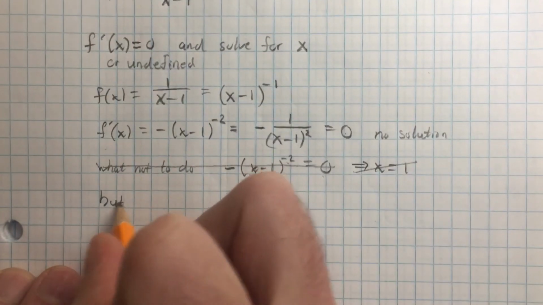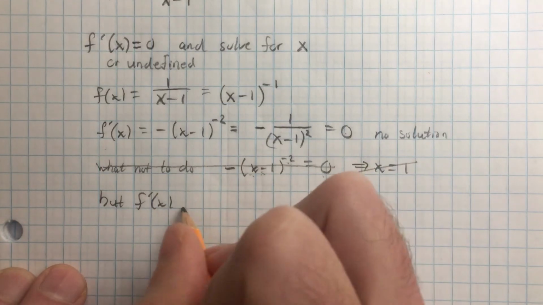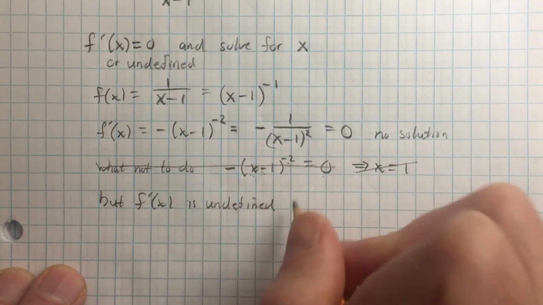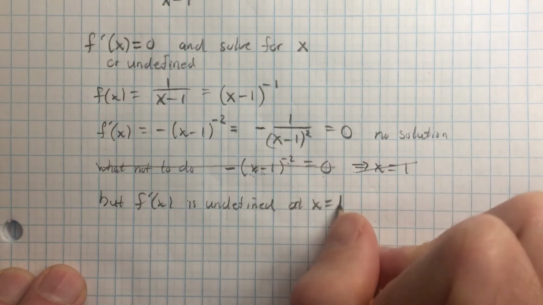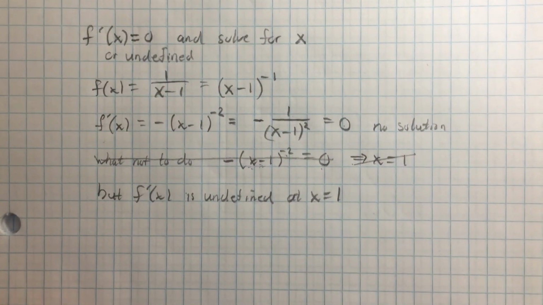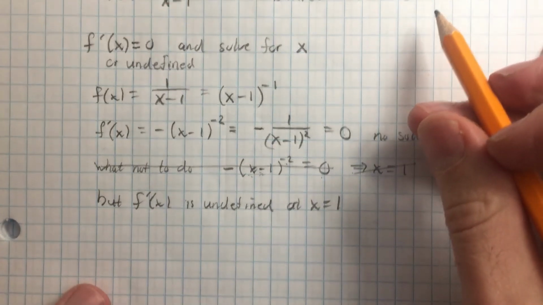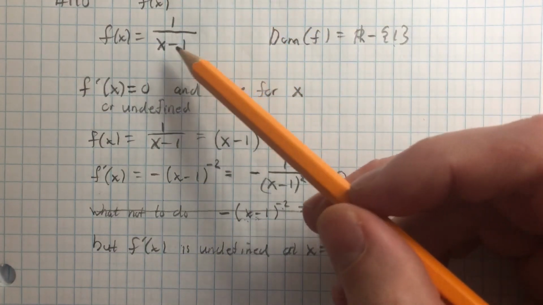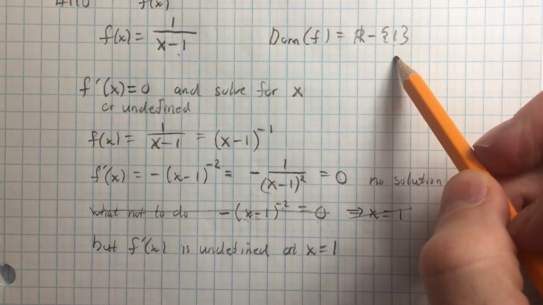But f prime of x is undefined, and this is also important, at x equals 1. Okay? So it looks like we found a critical value. The problem is that the number 1, if we look back at the domain, the number 1 is not even in the domain of the function. Nothing is even happening at 1 for this function.